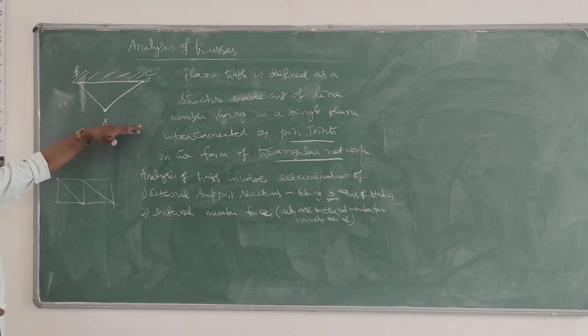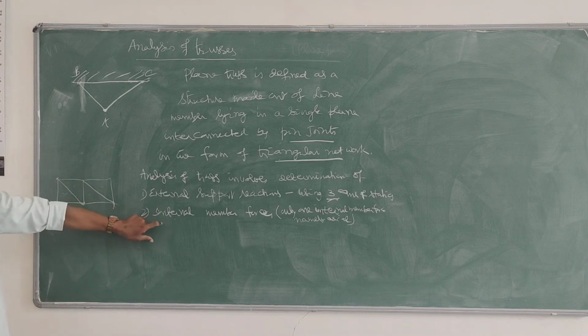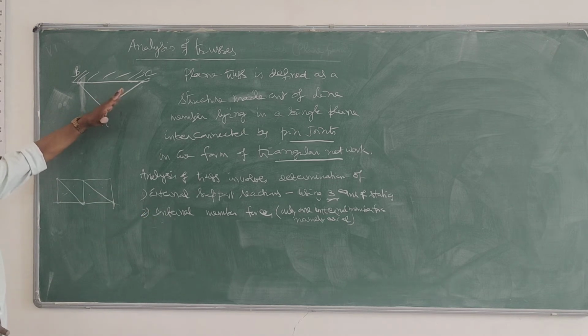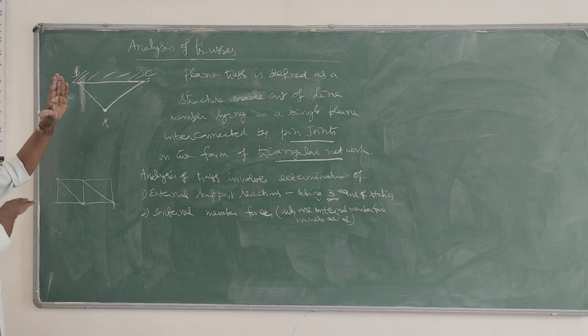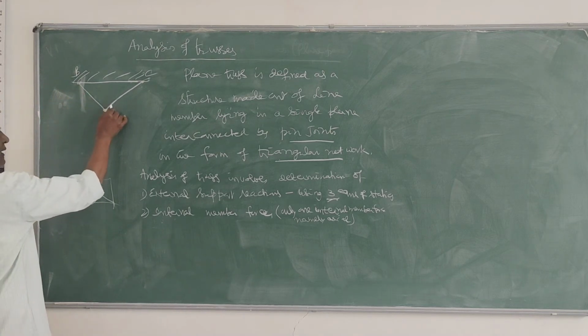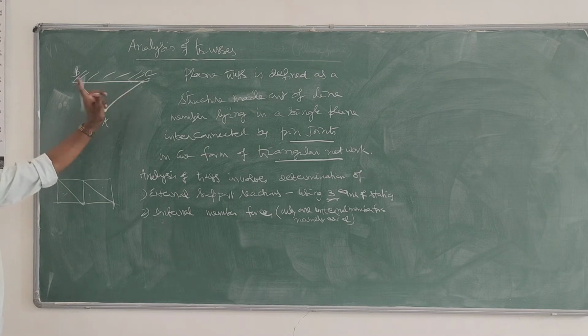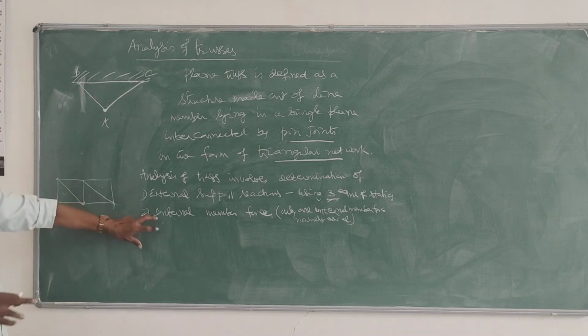If it is truly horizontal or truly vertical, then there will be only one internal force. If it is inclined, then it will have one horizontal component and one vertical component, but the force in the member is only one, that is axial only, but it has two components at the ends along the x and y directions.